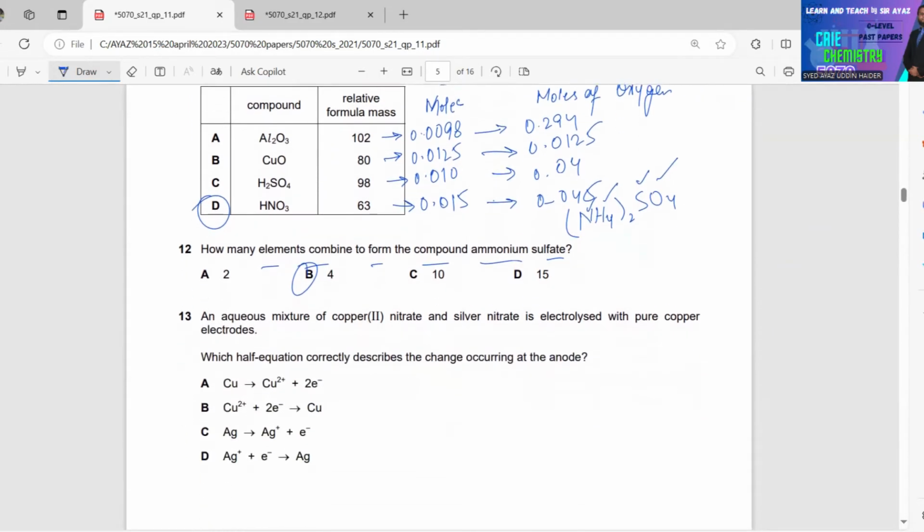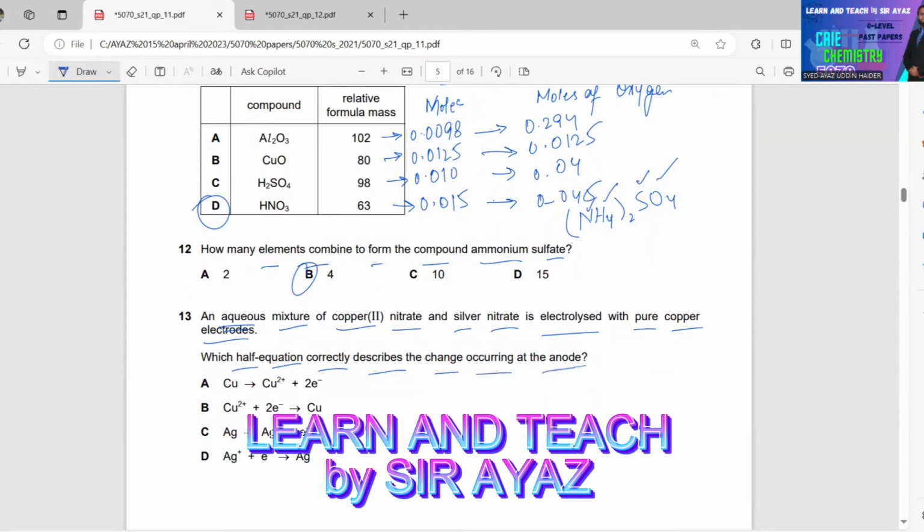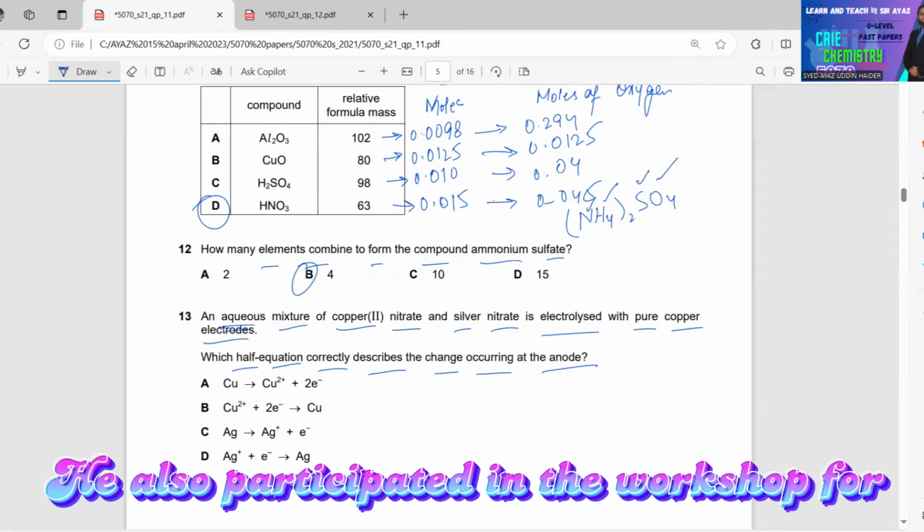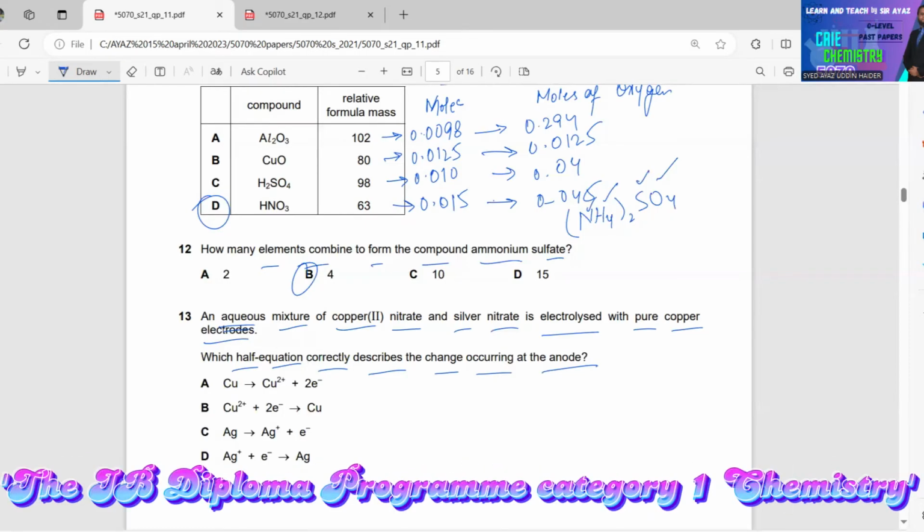Number 13, an aqueous mixture of copper 2 nitrate and silver nitrate is electrolyzed with pure copper electrodes. Which half equation correctly describes the change occurring at the anode? We have mixture of copper 2 nitrate and silver nitrate. Silver is below copper in the reactivity series, so it will not lose electron.